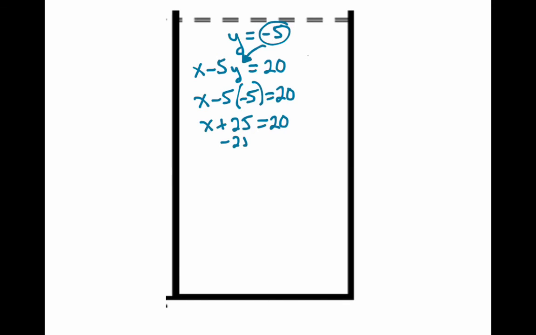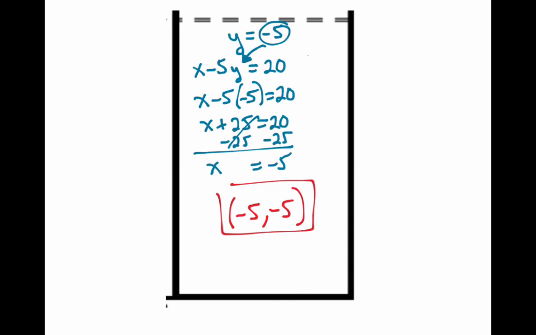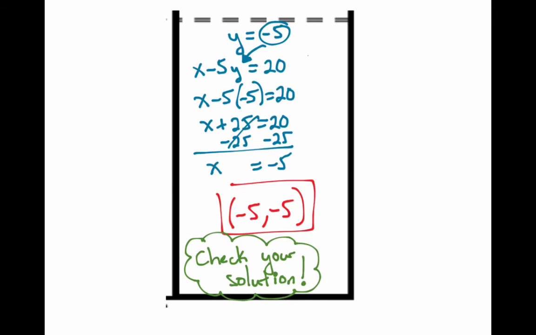Isolate x, so I subtract 25 from both sides. I end up with x equals negative 5. I have my x, I have my y, I have what I think is a solution. How will I know for sure? That's right, I'm going to check my solution.